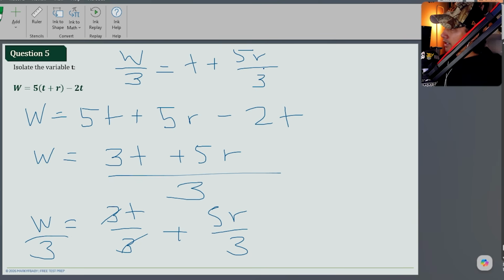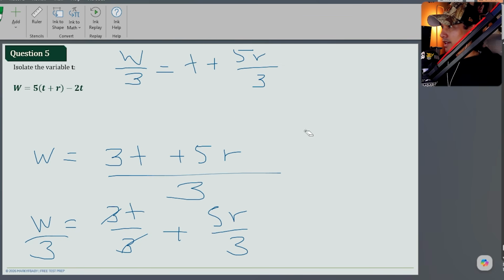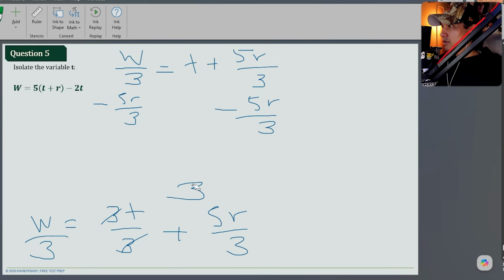5r divided by 3. Does that actually work? This might actually work. And then I'm going to minus that. So let's go ahead and try this out. Minus 5r over 3 minus 5r over 3. And then I'm going to just write it all out. So w over 3 minus 5r over 3 equaling t.